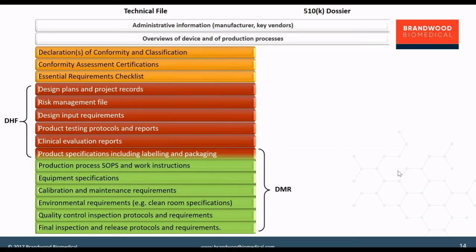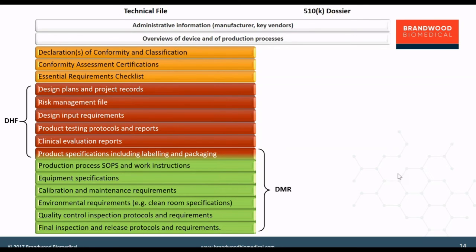And the other elements within the technical file are essentially your DMR. So again, if the product development process has been followed and adequate planning was in place up front for this process, all of the information should be already prepared.